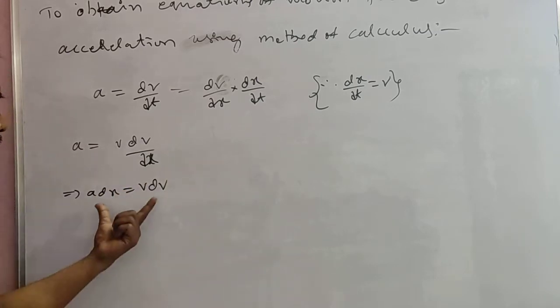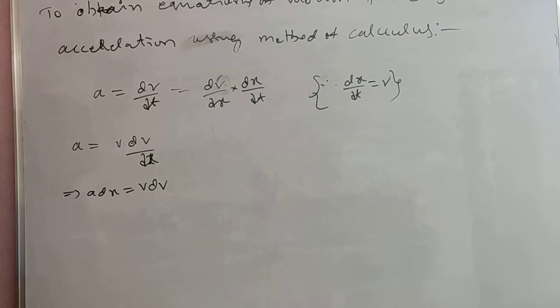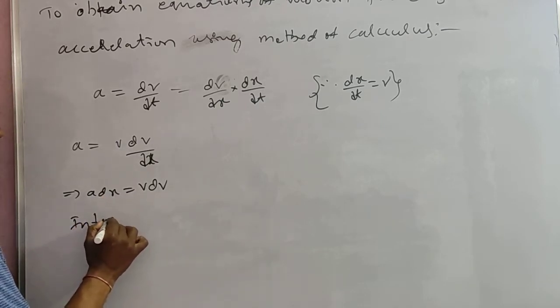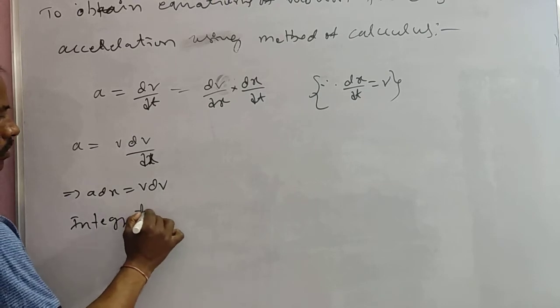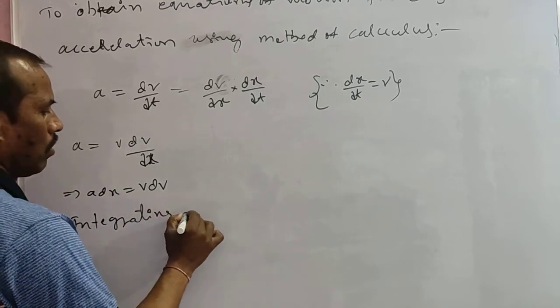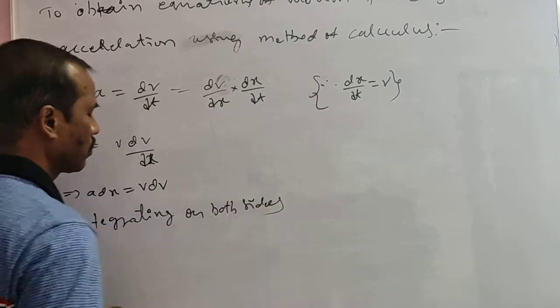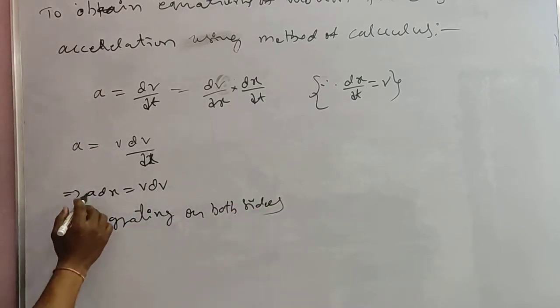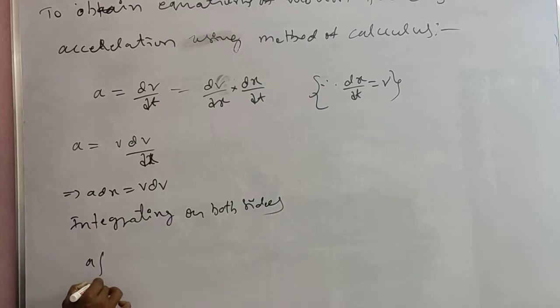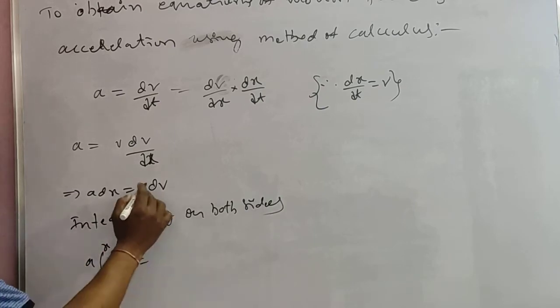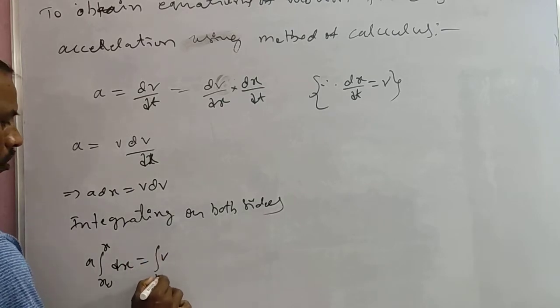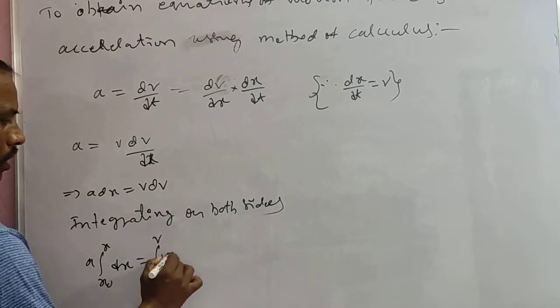Now integrating this equation on both sides. Upper limit x, lower limit x naught, integral a dx is equal to the integral from v naught to v of v dv.